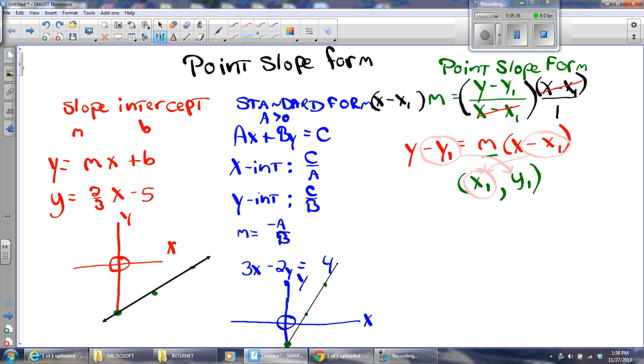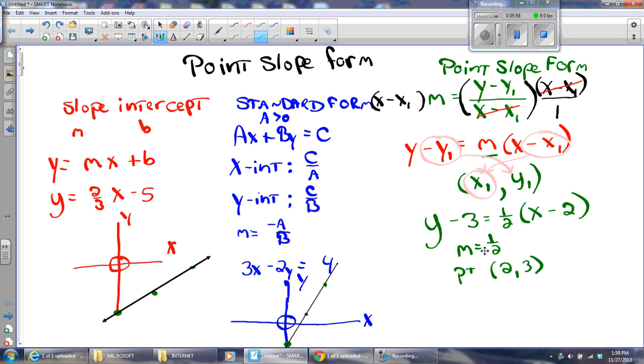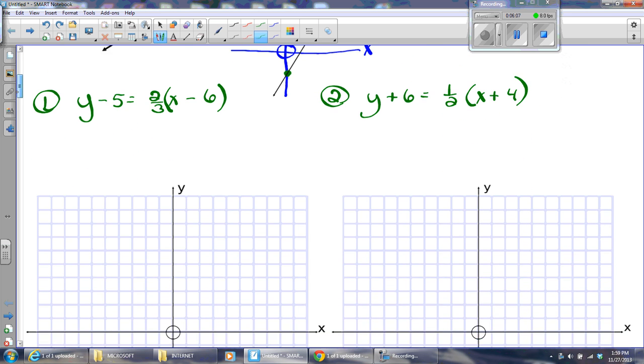So when I'm in point-slope form, I will have an equation that might look like this. y minus 3 equals 1/2 times the quantity x minus 2. Well, I know my slope is 1/2, and I know my point is the point (2, 3). Notice the signs change. And then I can graph this point and then rise and run from that point to get other points on the line. So let's see how it works.